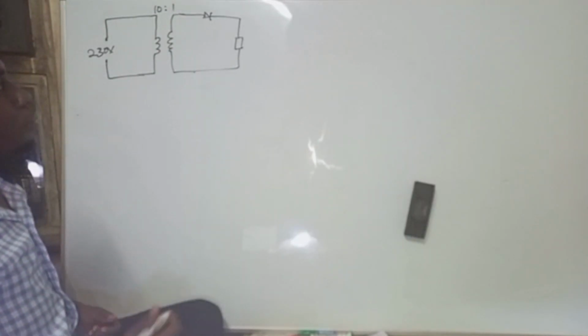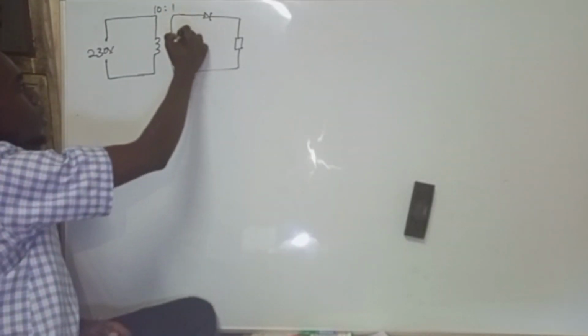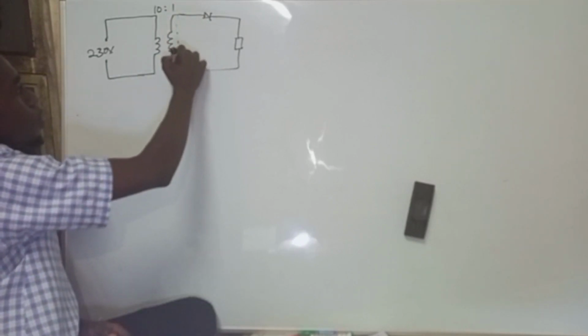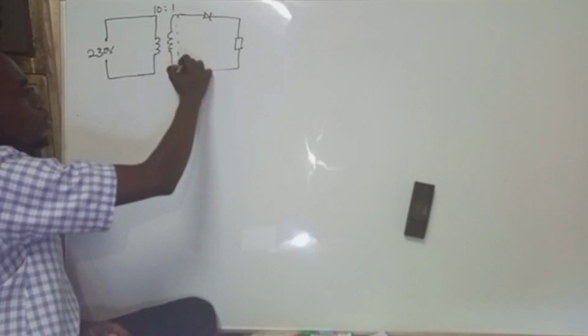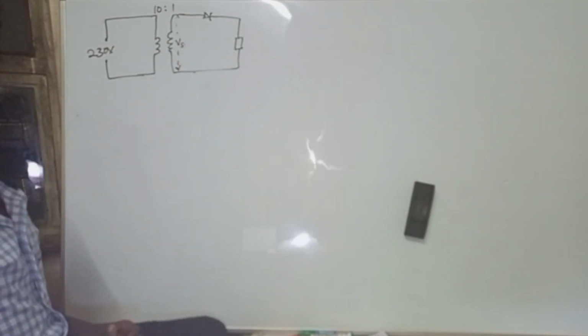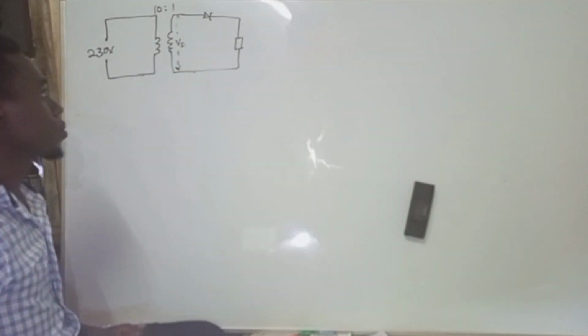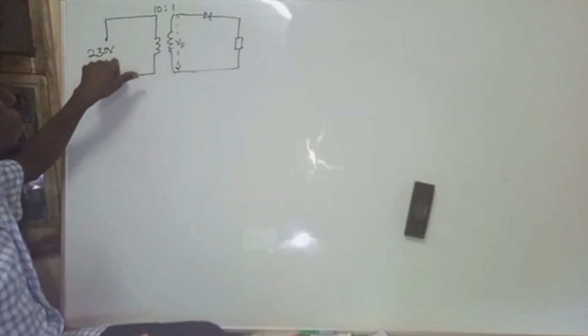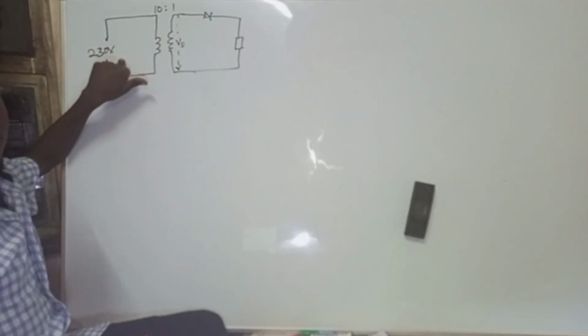The voltage that we are supposed to be interested in is the voltage across this point, V secondary, and clearly this V secondary can be got from the primary voltage.